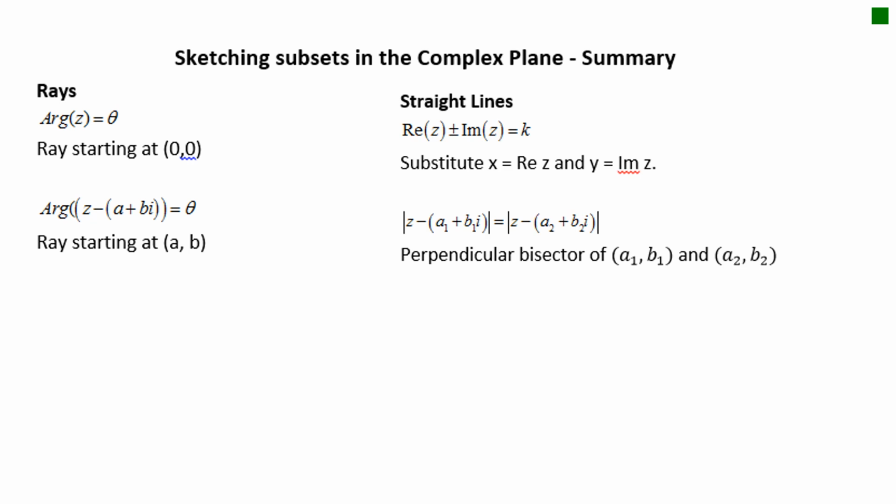We then moved on to straight lines. Straight lines would be of the form combinations of real z and imaginary z, or in fact, of course, it could be the perpendicular bisector between two points (a1, b1) and (a2, b2). Now, I presented two different ways you might go about coming up with the Cartesian rule of that perpendicular bisector, replacing z with x plus iy, which is the usual stock standard way.